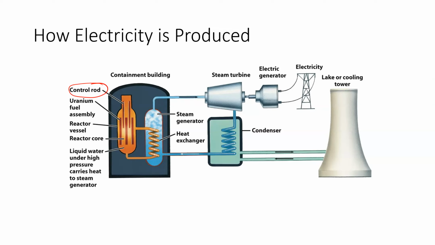That splits, and some of that mass escapes the element as energy. Then we use that heat to boil water. Water creates steam to spin a turbine. The turbine powers a generator and out to the grid. So it's very similar to coal and natural gas or fossil fuel electricity production, except in this case, the heat source is not combustion of a carbon fuel, it is the fission of uranium.